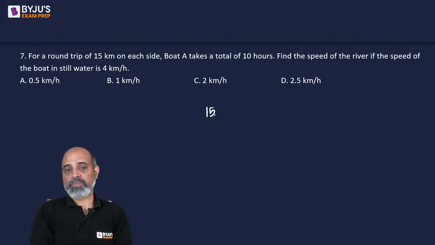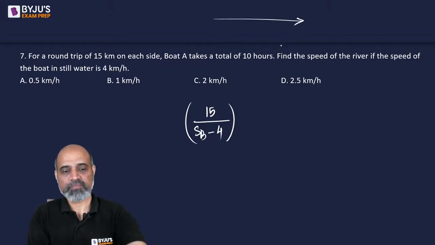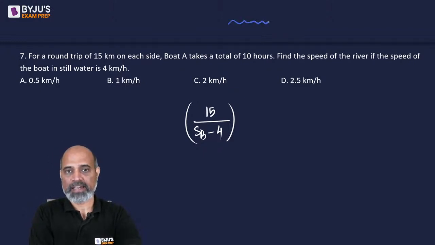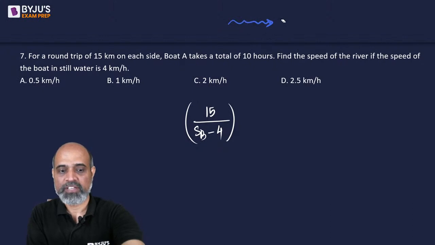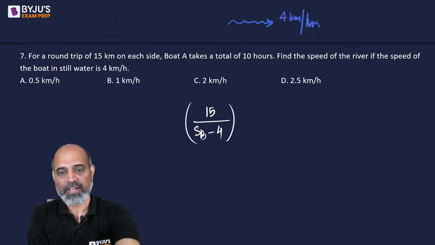So 15 km, agar against the stream chalta hai, the boat is going to move at this speed. So this is the total time taken by boat. Let's say this is the direction of the river, or the stream, which is given as 4 km per hour, right?